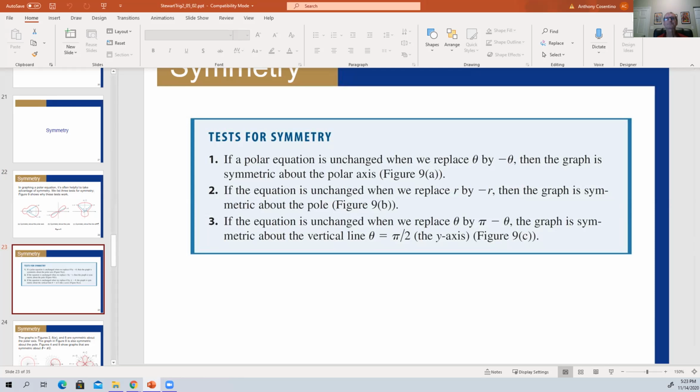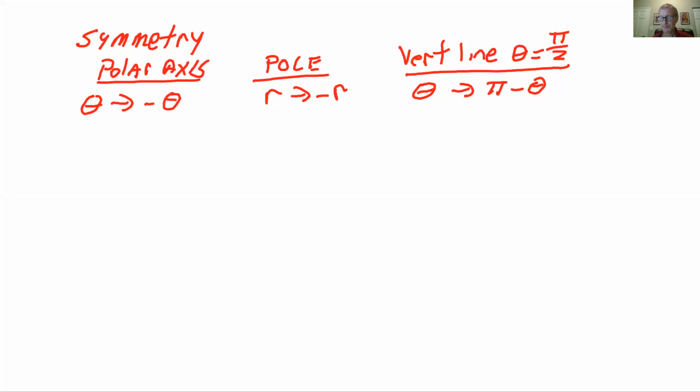And so let's take a look at a couple examples with regards to these three definitions. Let's take this equation, for example, r equals, say, 2 cosine of theta.